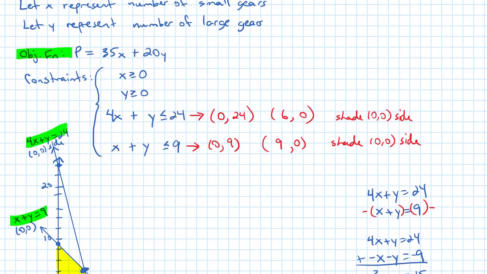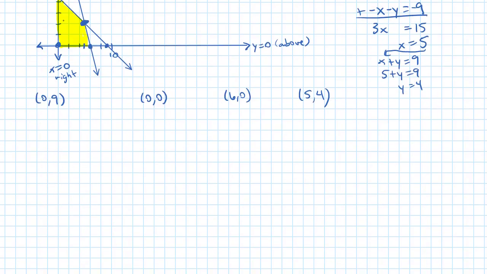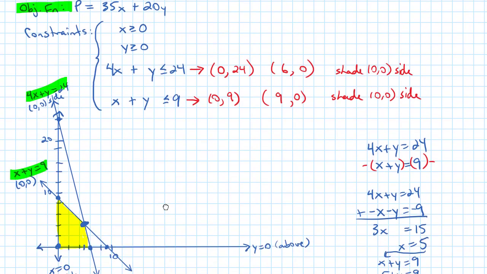We need to take those and plug them into our objective function, p equals 35x plus 20y. So p equals 35 times x, plus 20y.